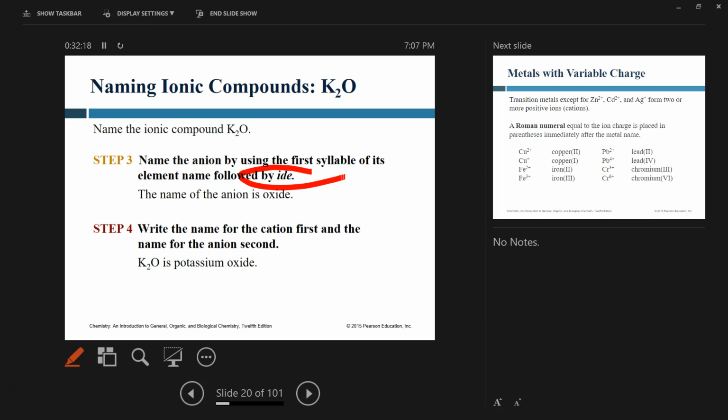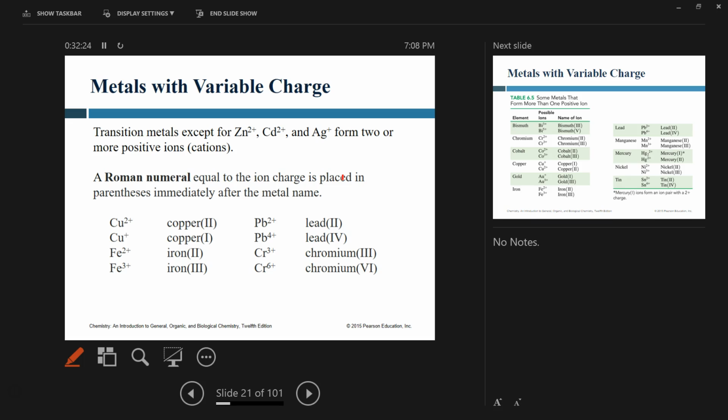So I can give you a formula and you have to name it. Well, again, multiple choice. Be reasonable. Now, what if you step into uncharted waters and you go into the realm of transition metals? Metals may have various charges.